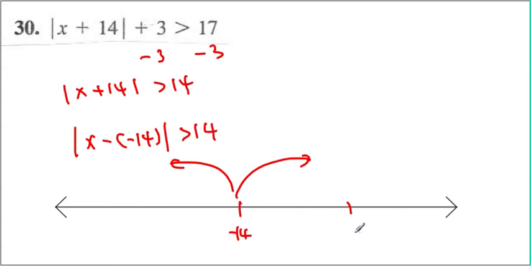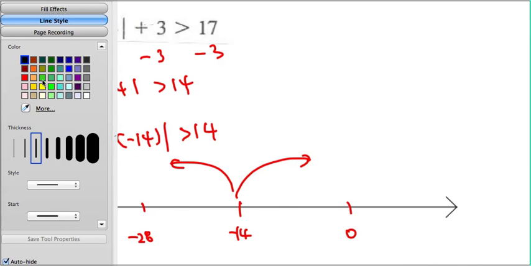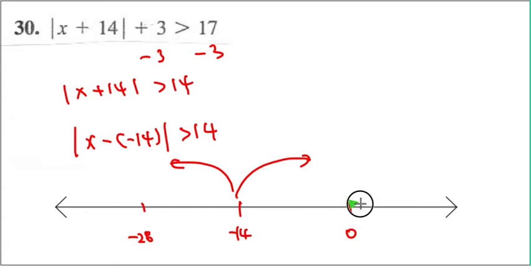So up by 14 becomes 0, down by 14 becomes -28. Now the distance has to be greater than 14, that means that we have to go further out. So we're going to go out both ways because the distance of the absolute value is greater. Since there is no underline here, that means we have to have an open circle at both ends.